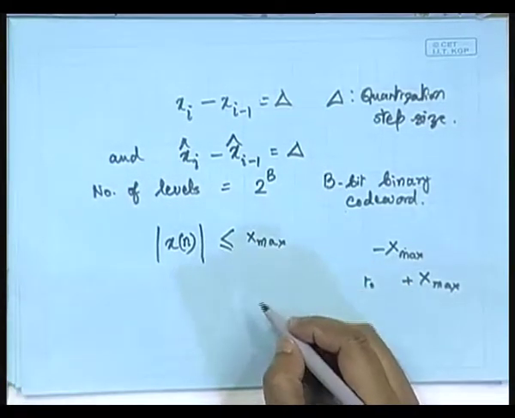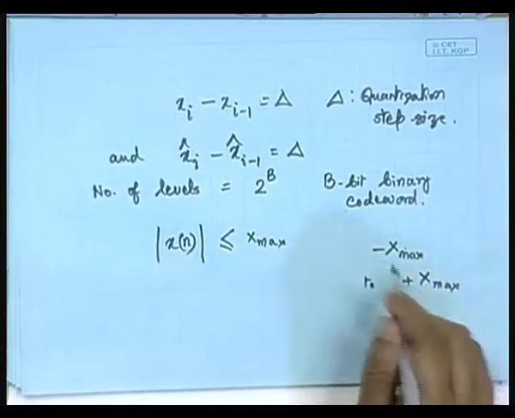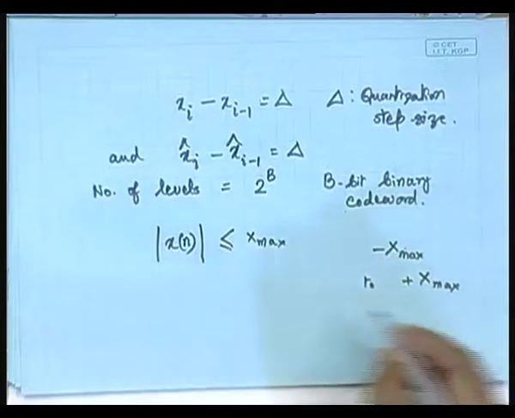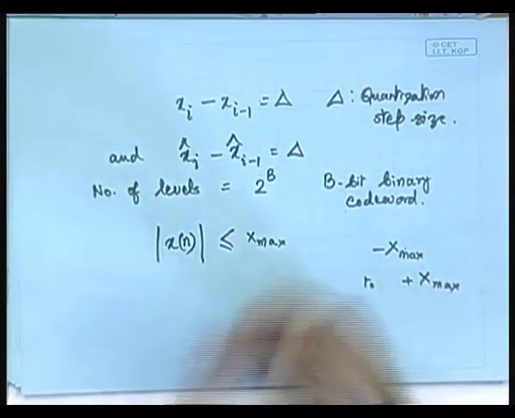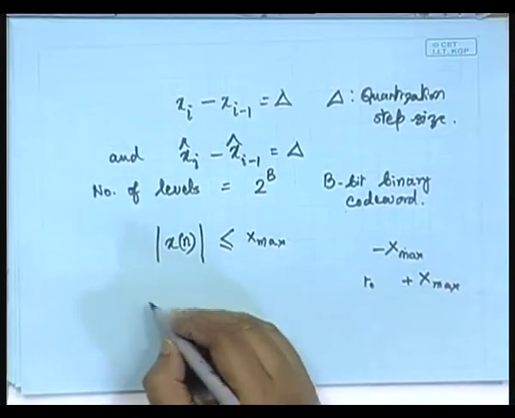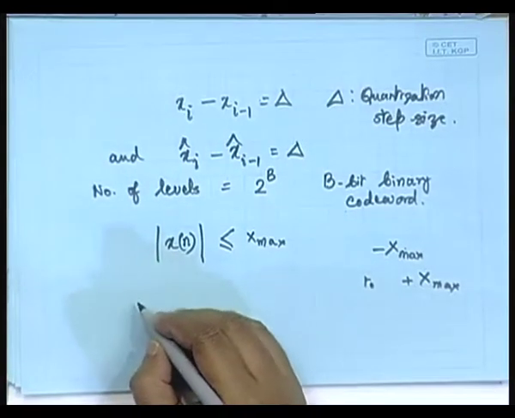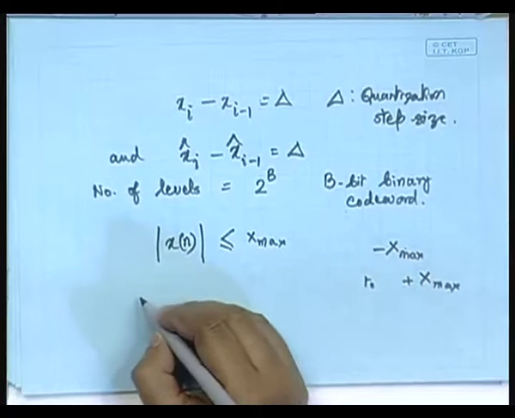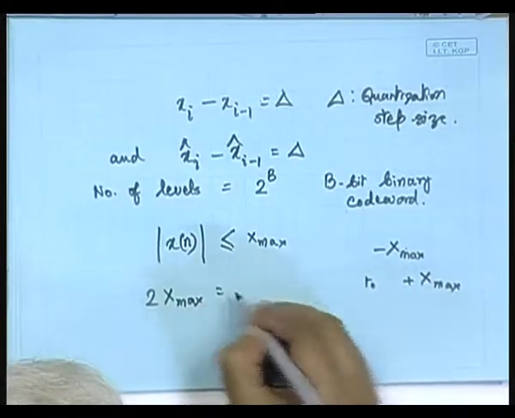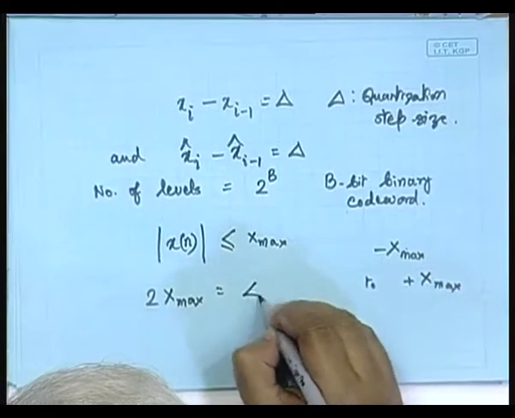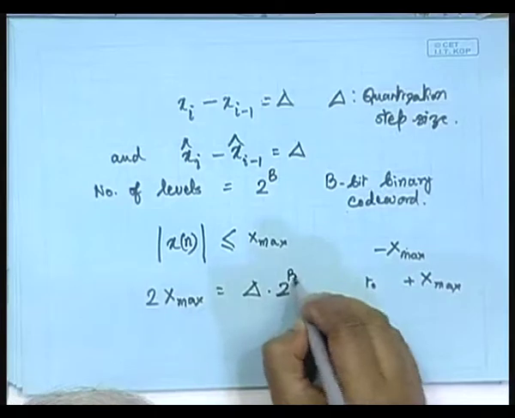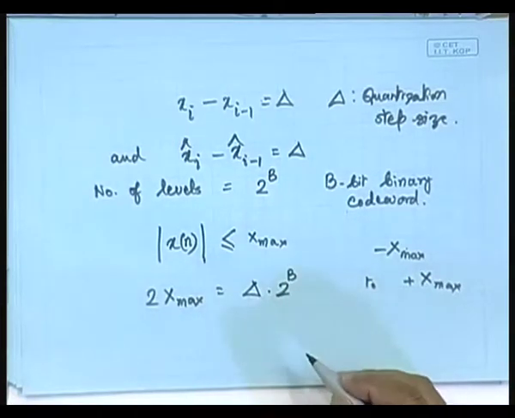And then if we have a total variation from minus x max to plus x max, and we want to make use of this entire dynamic range for quantization, then we can say that minus x max to plus x max, which means 2 times x max, is going to be delta, the quantization step size, times the total number of levels, that is 2 to the power b.